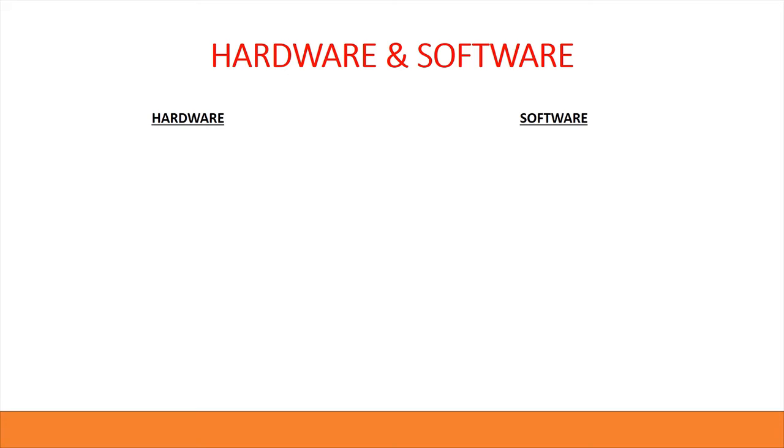So in general, to a layman, we say that hardware devices are something you can touch, you can feel, you can pick up, you can move around, whereas software applications are those which you cannot touch. These are not physical elements. Let's say software applications are virtual or digital applications.